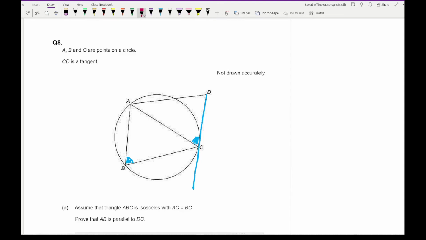And likewise, this angle here is going to be the same as that angle there. So let's start by writing that down. Angle DCB is going to be equal to ABC, and why? Because of the alternate segment theorem.